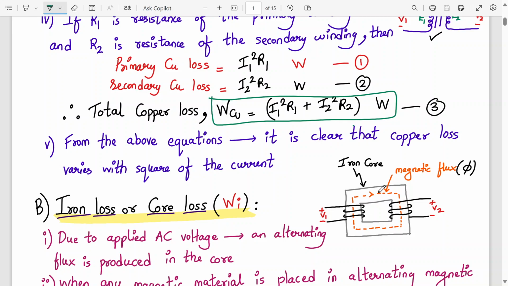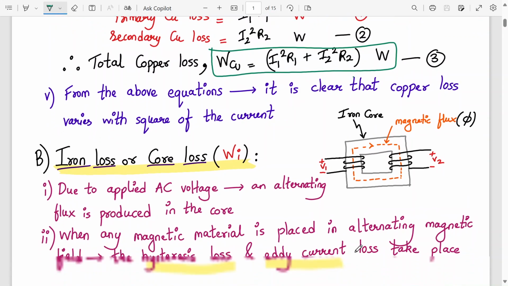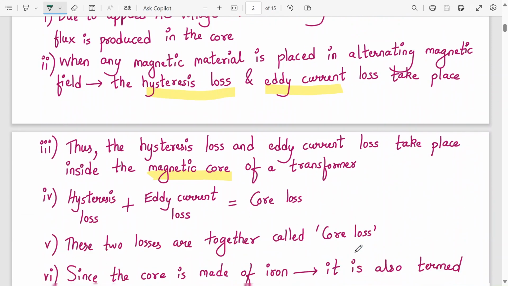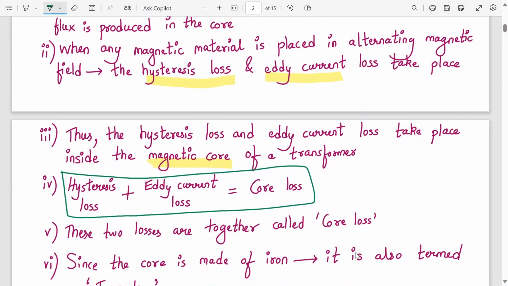This core is an iron magnetic core. Whenever the magnetic field gets generated, it leads to hysteresis and eddy current loss. Both the hysteresis loss plus the eddy current loss together are called the core loss or iron loss.